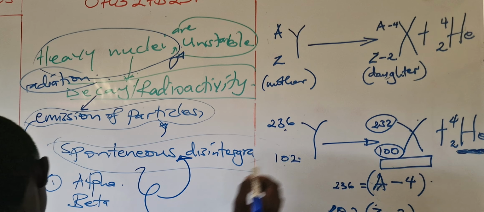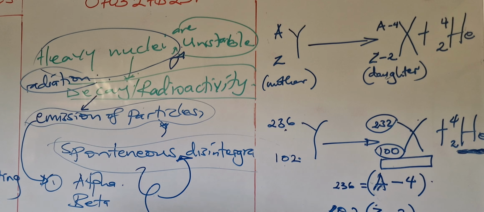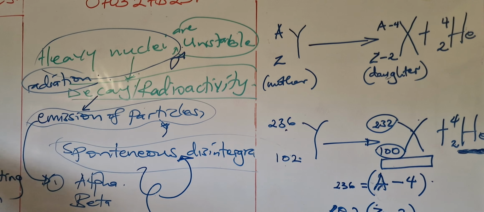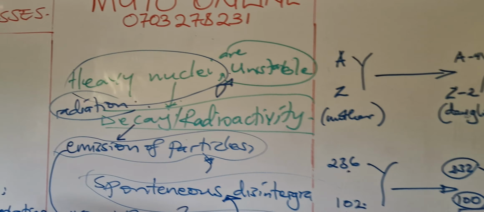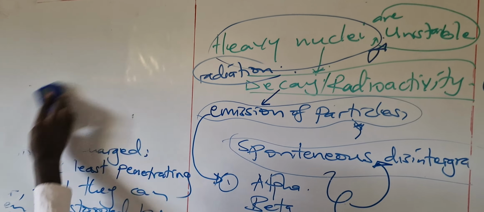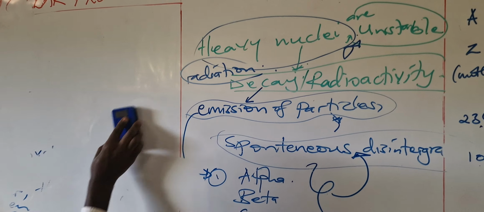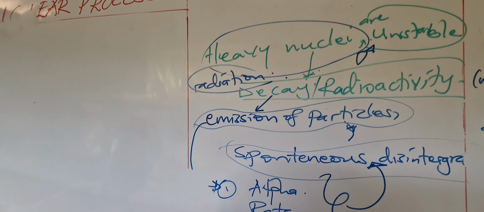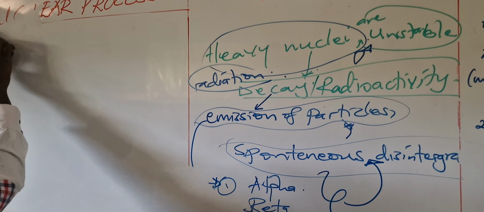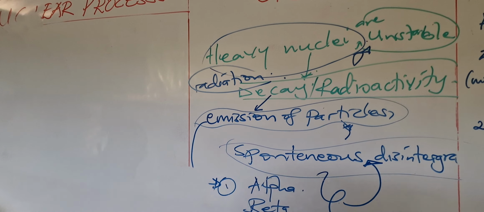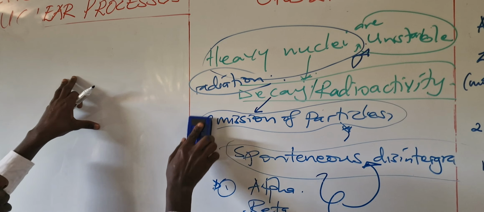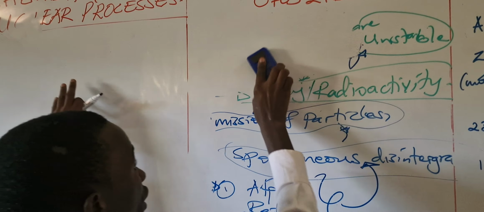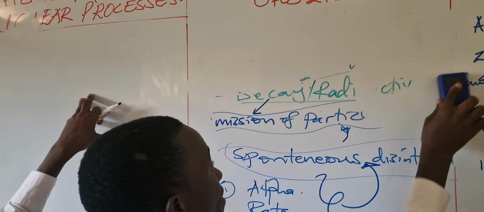So it depends on the number of particles you are told. Now let's mention some examples of heavy nuclei. We can talk of uranium. Uranium is one of the heavy or radioactive elements. It is a radioactive element because it has a very unstable nucleus. It is very heavy.